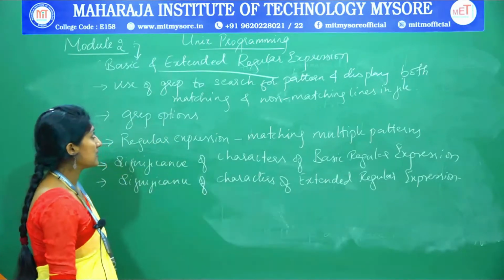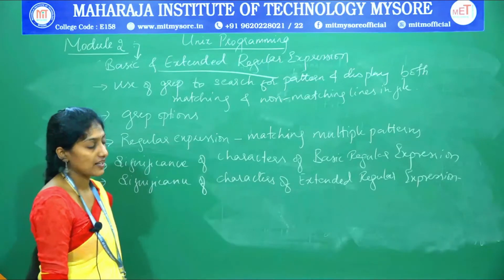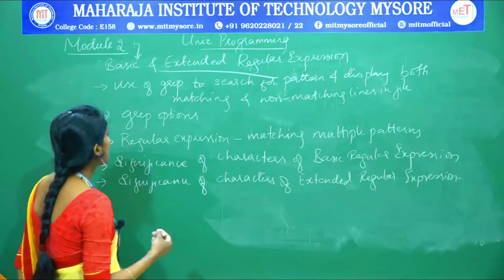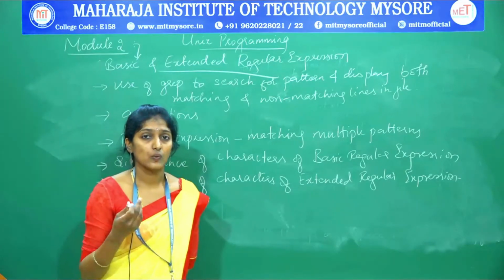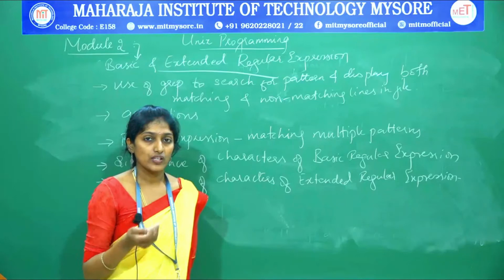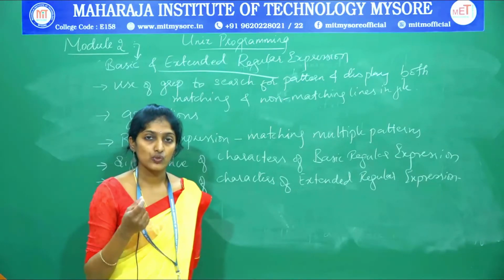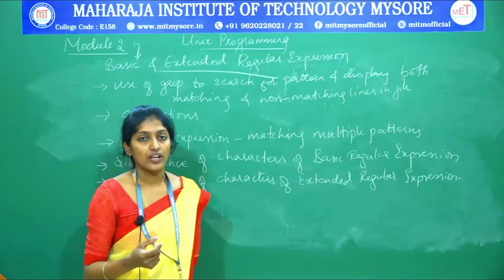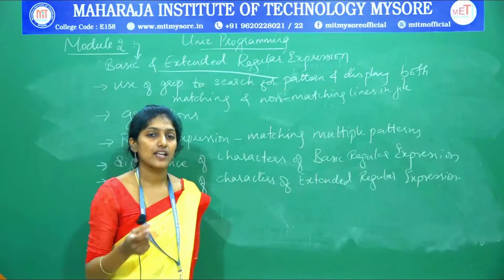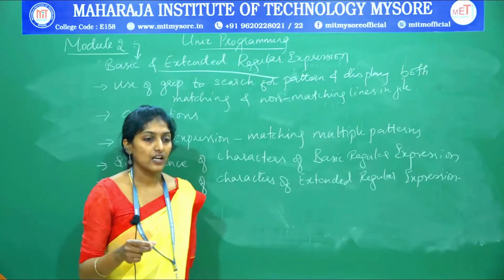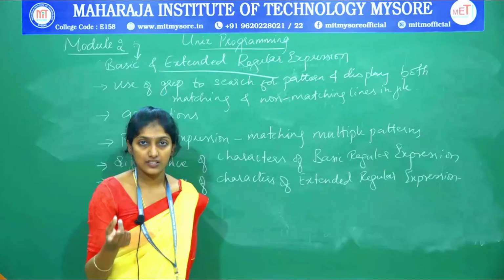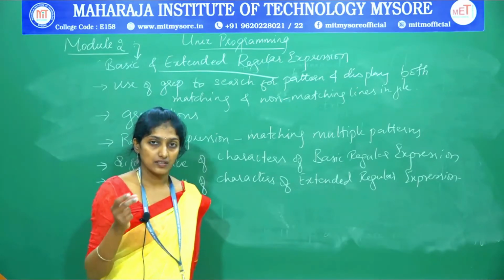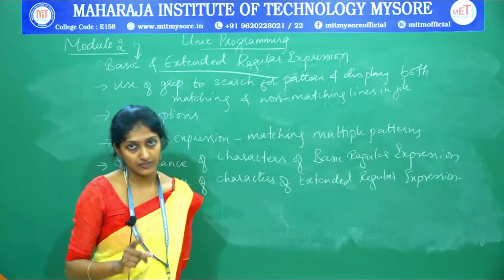So the next concept within this chapter is basic and extended regular expression. What does this basic and extended regular expression do here? By using these expressions, the user is going to search for a pattern from a file. If the user wants to search for any pattern within a file, where is it situated, at which line, and whether that pattern is provided within that file or not.